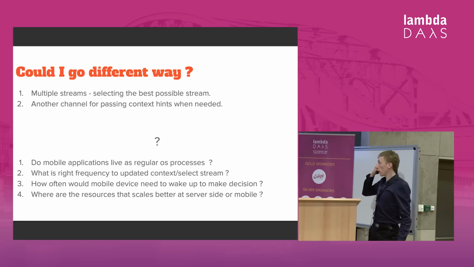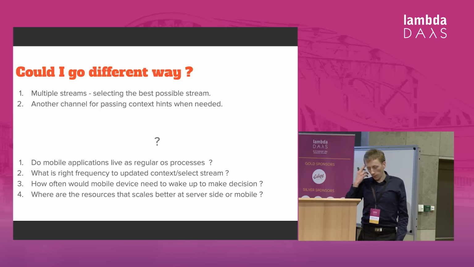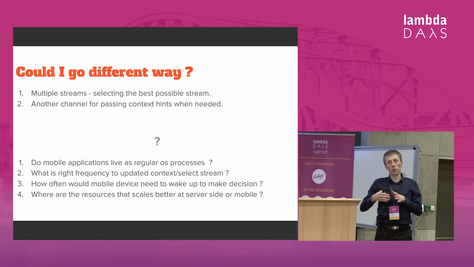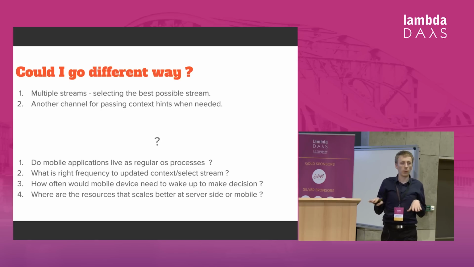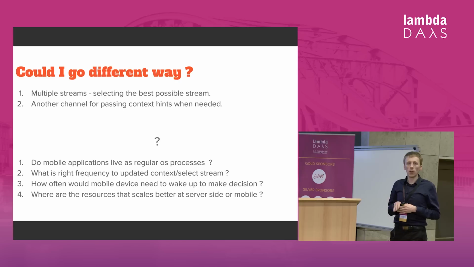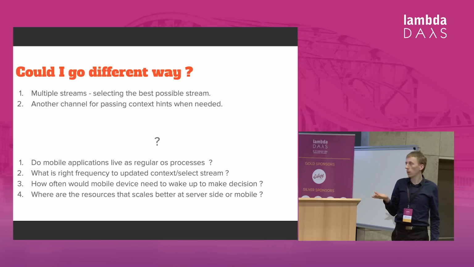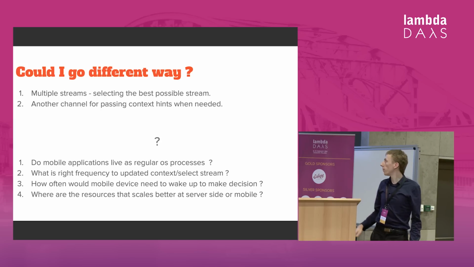But to answer that question, think about the life cycle of the mobile application. Just to give you a hint, I'm implementing it on an Android system. I'm not sure if it's the same for iOS, but on Android we don't have a regular OS process or thread; we have the abstraction of activities, which can be passivated and activated by the runtime as needed.